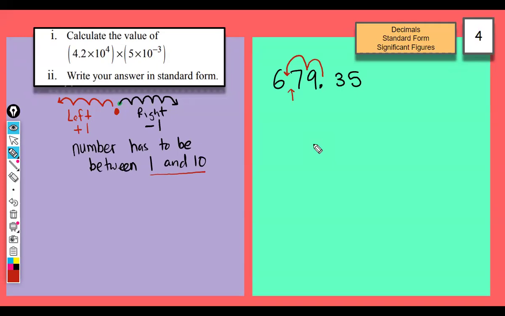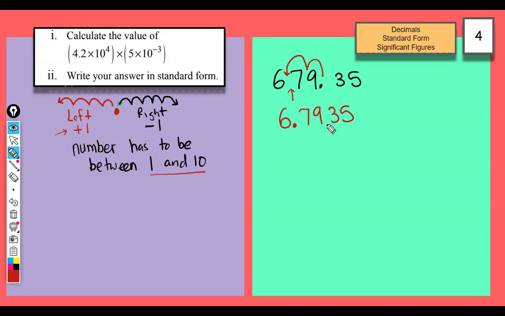Did we move it to the left or to the right? We moved it to the left, so it has to do with adding. When it moves this way, the value gets bigger. It hopped 2 places. So this is how our final answer looks: 6.7935.